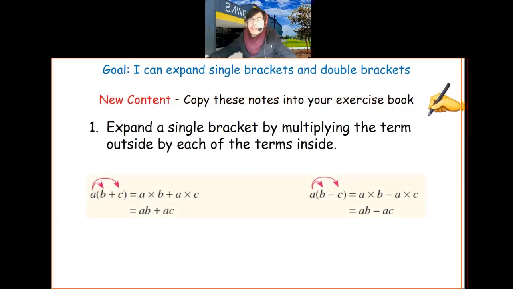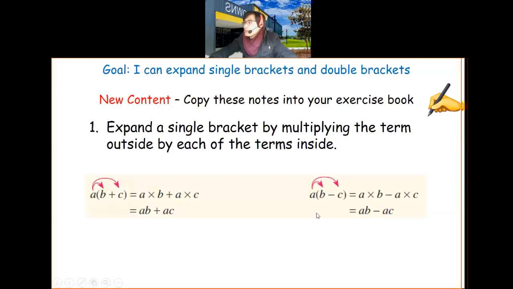So remember, we learned about this before. When you expand a single bracket, what you do is multiply the term outside by each of the terms inside. Here I've got A on the outside, and I multiply it by B, and then I multiply it by C. Just multiply them individually, and then we can combine them later if possible.